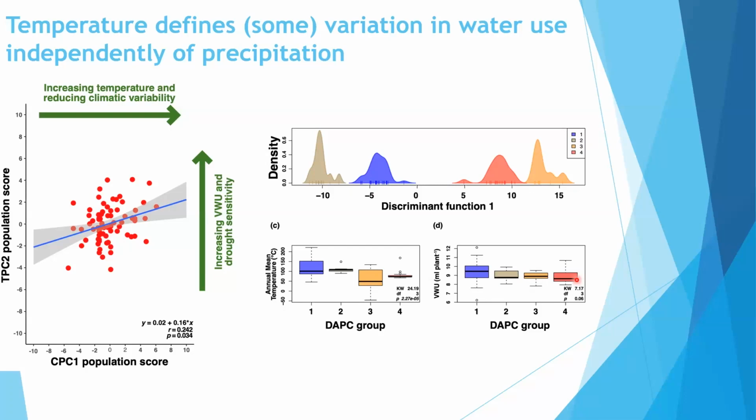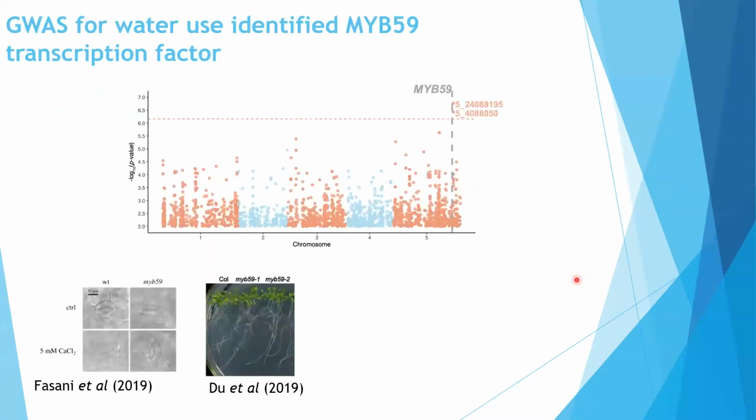So temperature is exerting a selective pressure to promote water use, presumably to afford thermoregulation. So the more water the plants use, the better they are at being able to cool down.